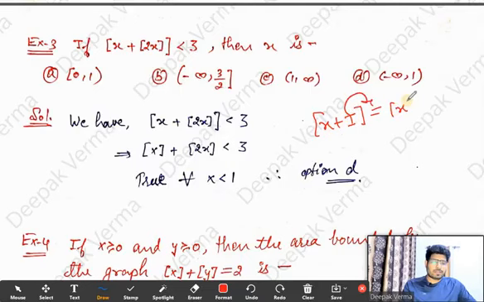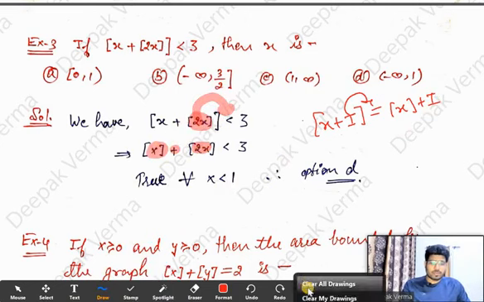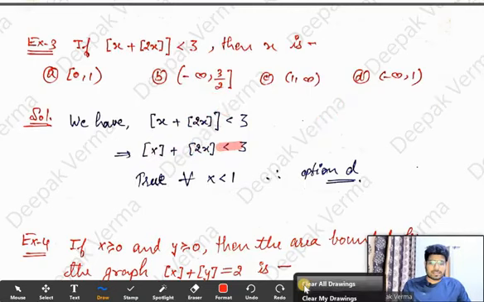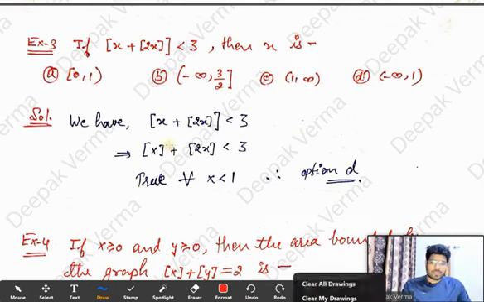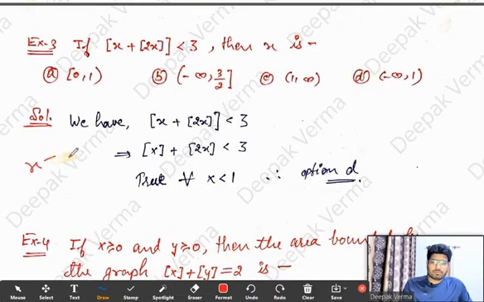So here also this is nothing but an integer, so we can take it outside of the box. So we get box x plus box 2x. Is it clear? This is less than 3. Now the rest of the question we will do by taking options. Let's suppose we put x equals 1, so this is equal to 1 and this will be equal to 2.